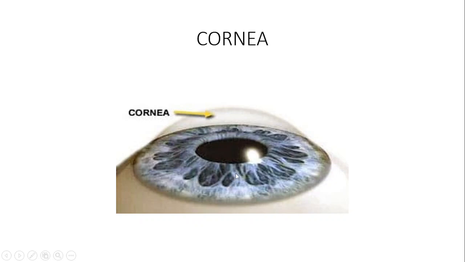It contracts and makes the pupil become big, so it can go to 6 millimeters, 7 millimeters, and more. There are also medicines that can relax the sphincter pupillary muscle and prevent it from contracting, giving a lot of advantage to the dilator pupillary muscle. Okay, so that is your iris.